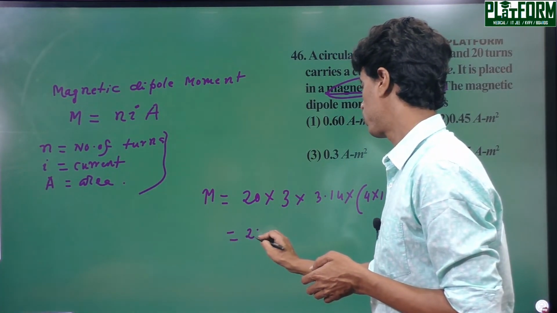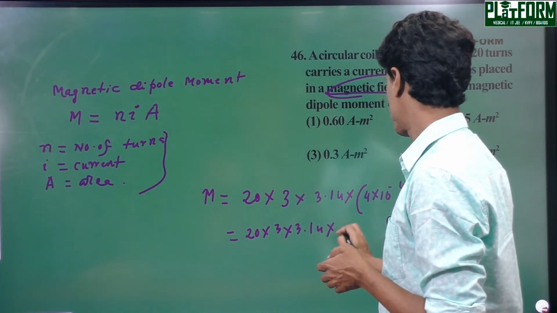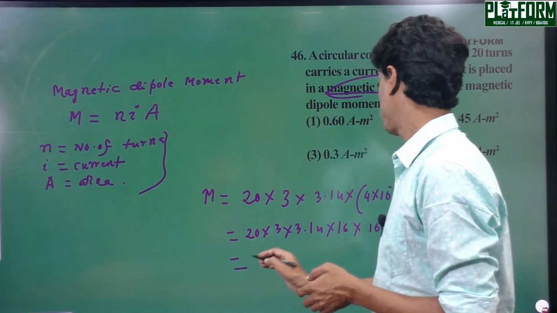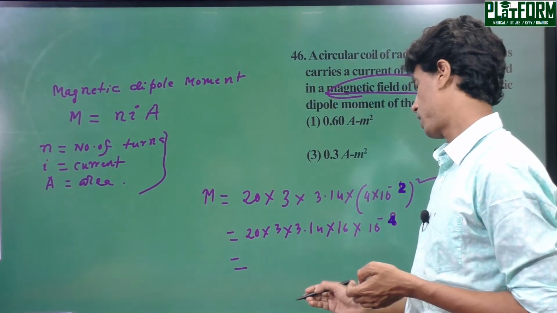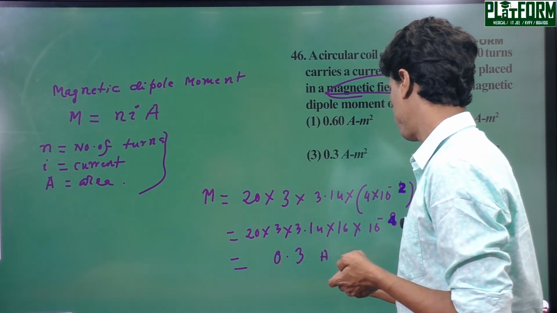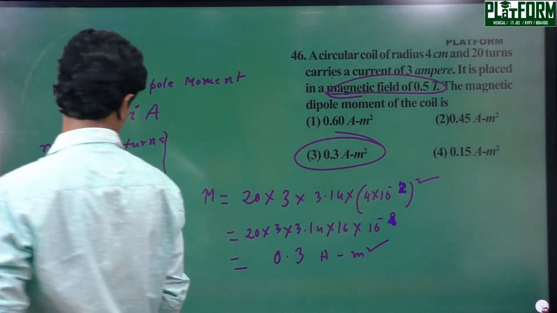By simple calculation, 3 into 3.14 into 16 into 10 to the power minus 4 gives approximately 0.3 ampere meter square. You just calculate it, and the right option here is 3.